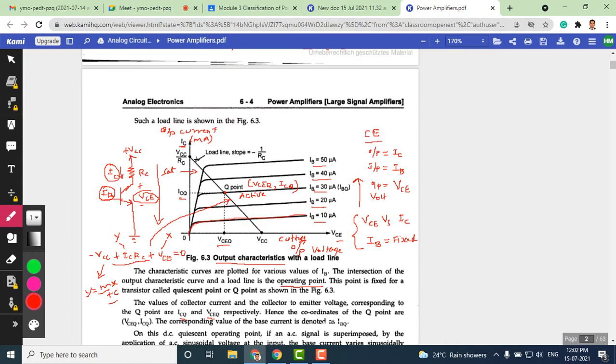It can be towards the saturation region, which is at the top here, or towards the x-axis here. So the Q point keeps moving like this. On the line, the Q point can be here or here. The conduction period of the collector current depends on where exactly the Q point is located.